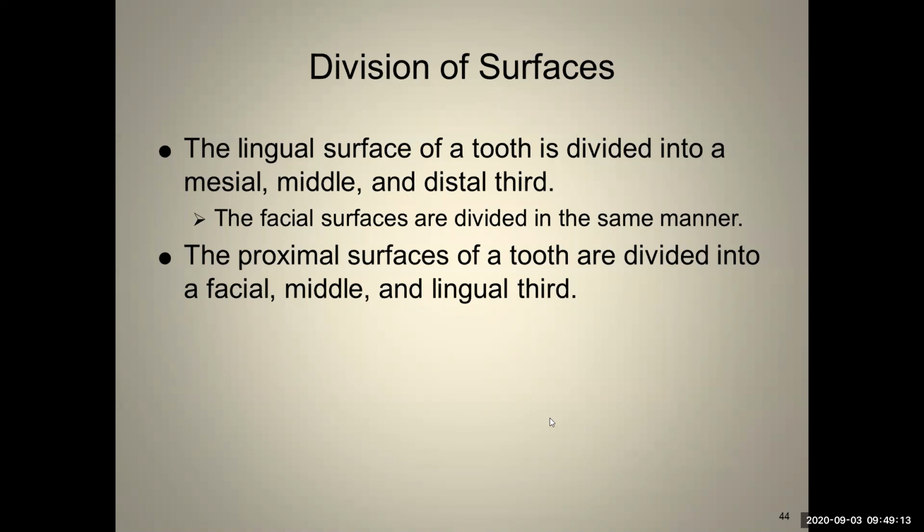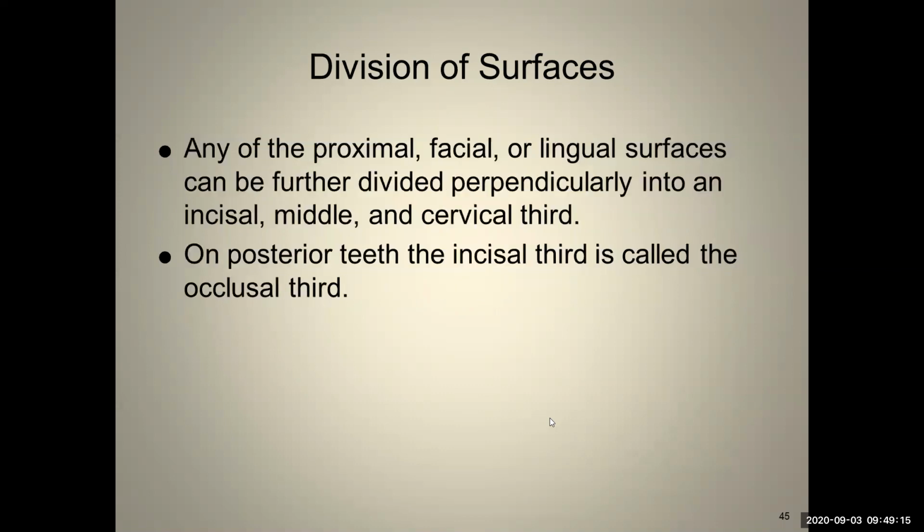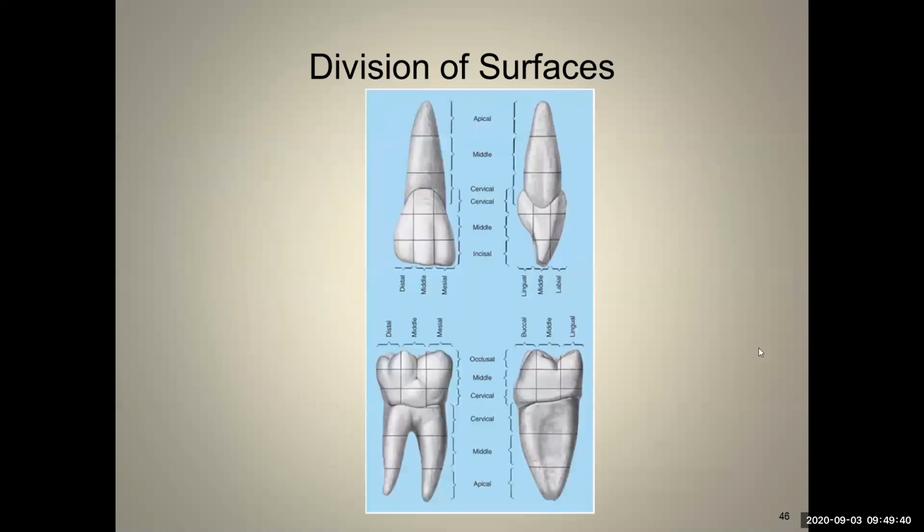Any of the proximal, facial, or lingual surfaces can then further be divided perpendicularly into incisal, middle, and cervical thirds. Don't freak out yet, folks. The posterior teeth have an incisal third, but it's called the occlusal third because posterior teeth don't have an incisal ridge. They have an occlusal table. So this is how the tooth is divided up.